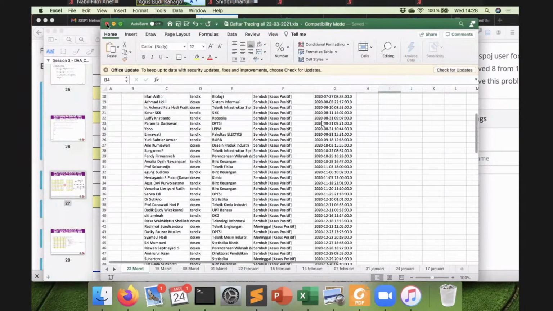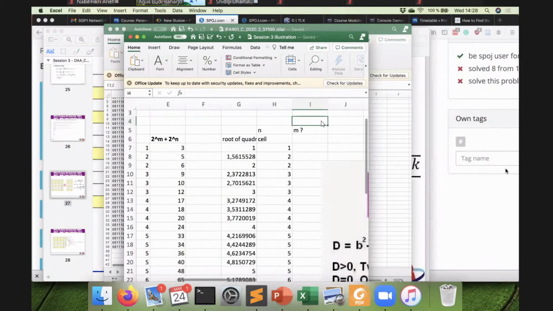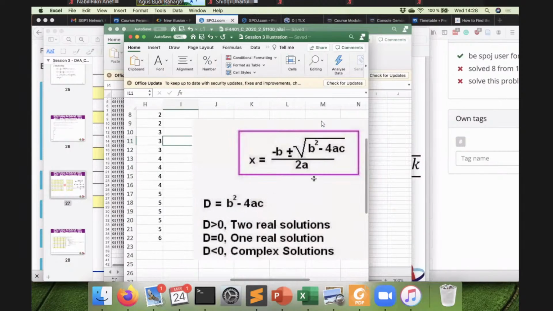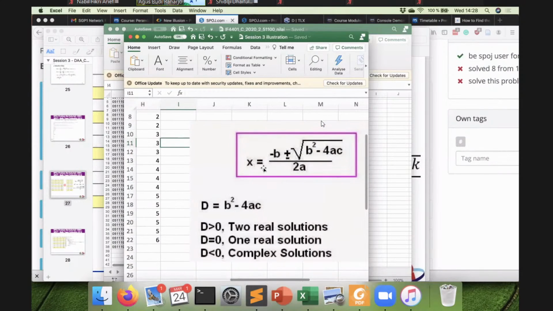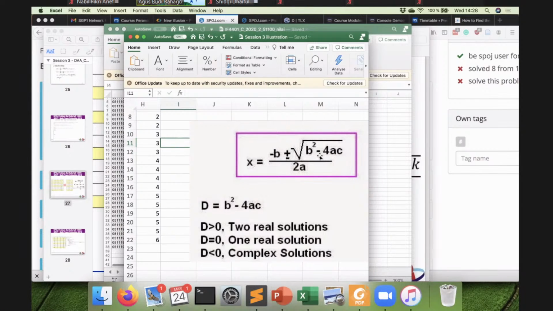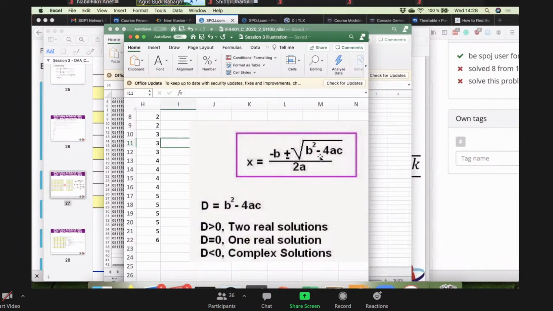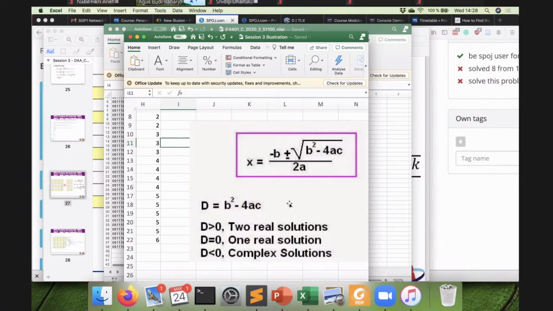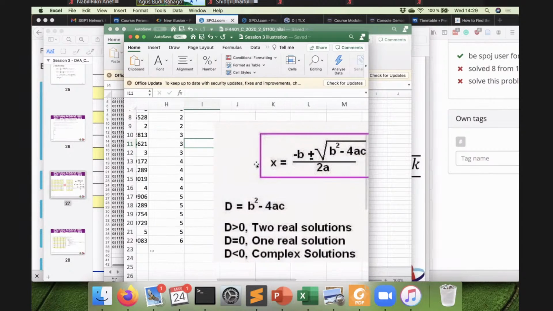Let me close this one. Which is this one. You remember this equation? It helps a lot. For engineering it helps a lot. So we will use this one, and we consider only the positive non-negative integer, which is we consider only the positive value of x. X in here is n.